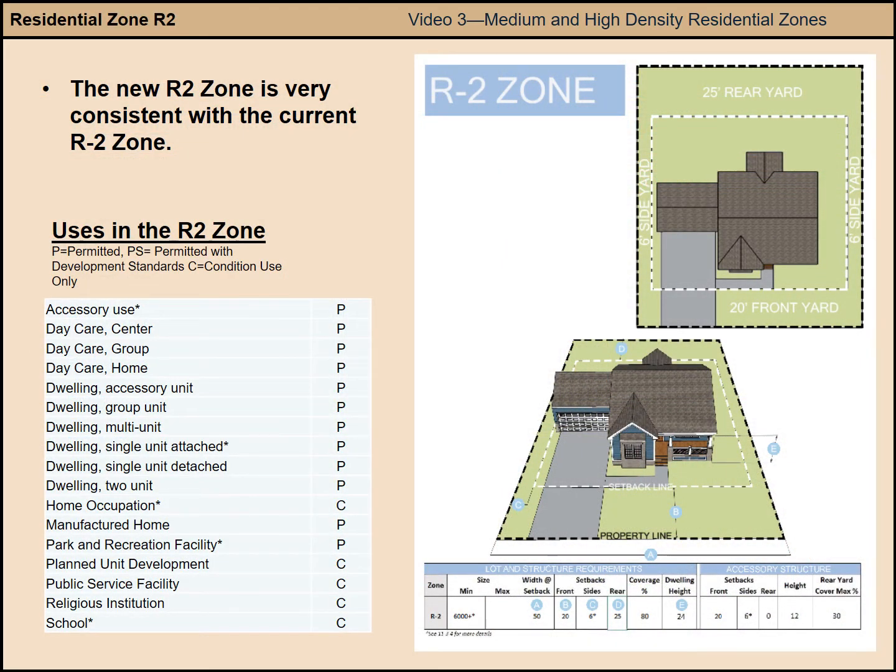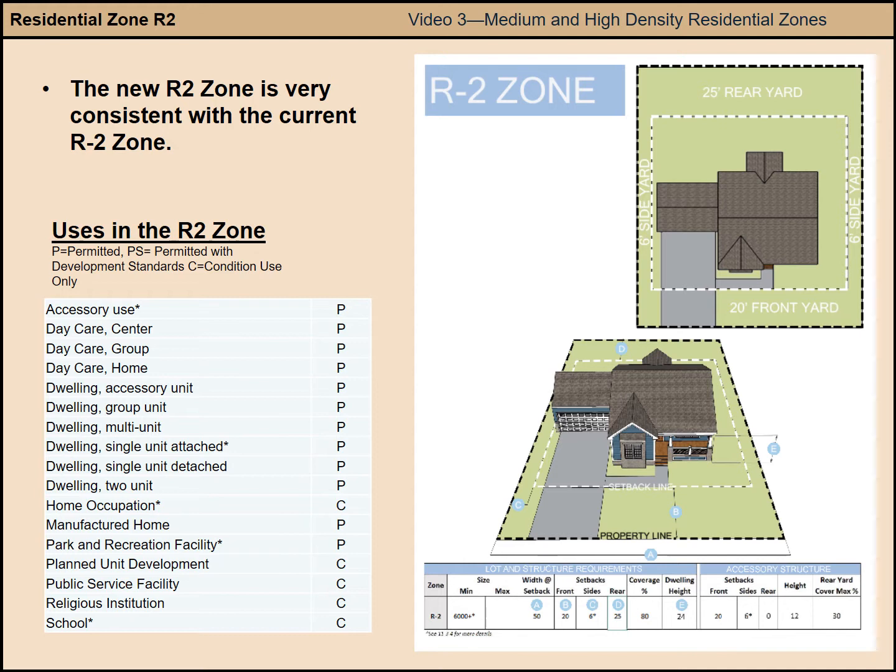The R2 zone really isn't changing very much from what it is today. It represents the combination of the current R2 and R2A zones. One of the features we think will make it much more usable is we've removed the restrictions on number of units per building. Currently, the R2 zone allows a maximum of a fourplex. If more units are desired, the zoning must be something different, like an R2A or an R3.